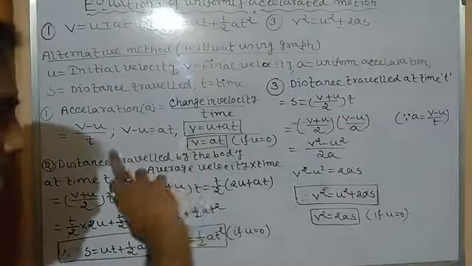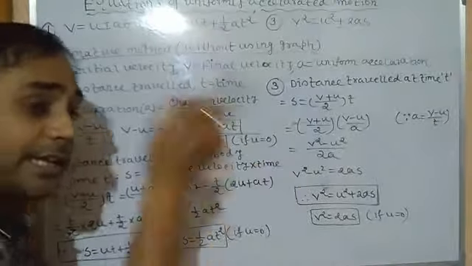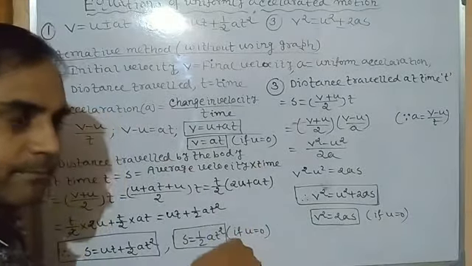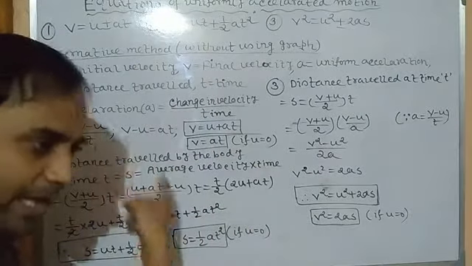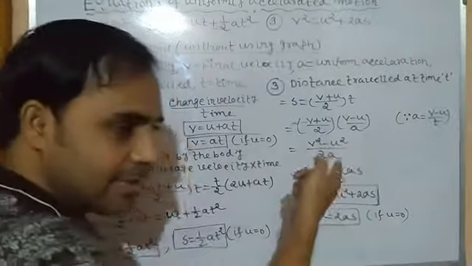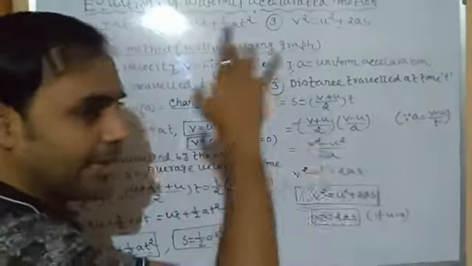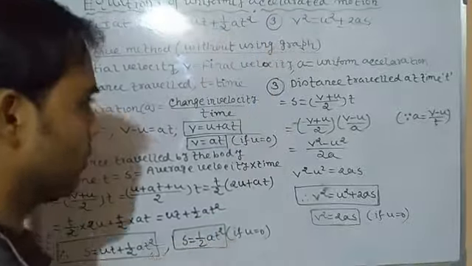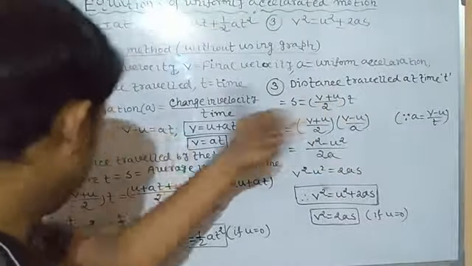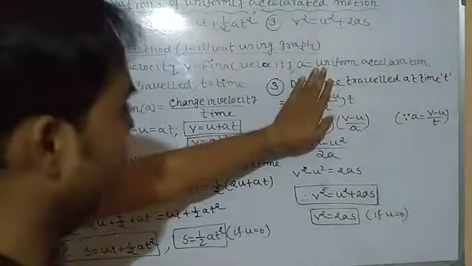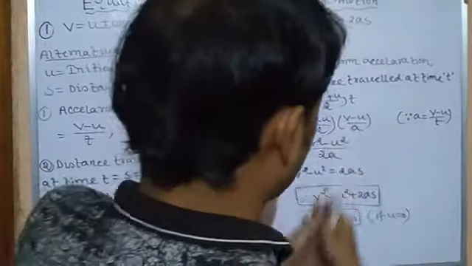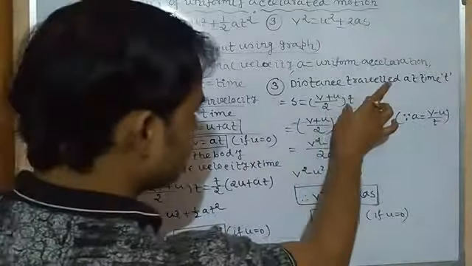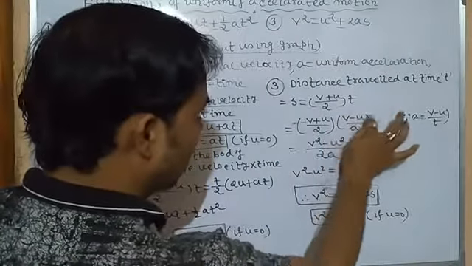While using the graph we made changes in the area, first the area of the triangle plus the area of the rectangle, and in the second case the total area of the trapezium directly, to get different formulas. Here it is also (v plus u) by 2 into t. Previously we put v equal to u plus at, here we will change the expression for t. So (v plus u) by 2 remains unchanged, and instead of t we will write (v minus u) by a.